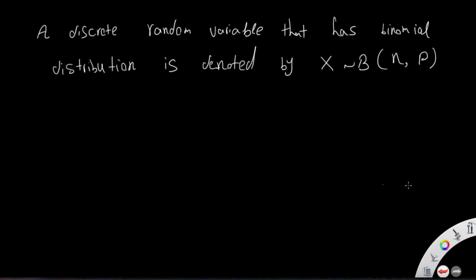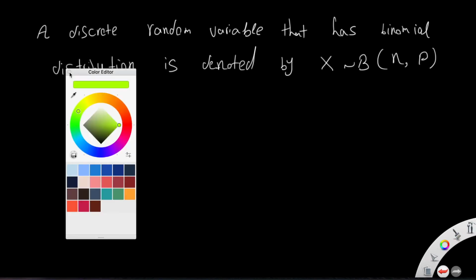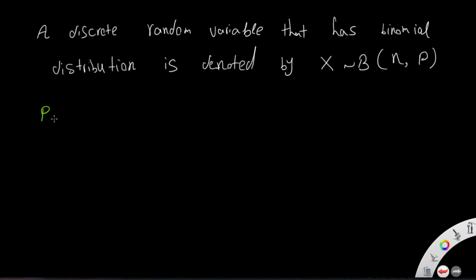Now, in order to find the probability of r successes in n number of trials, you need this formula.